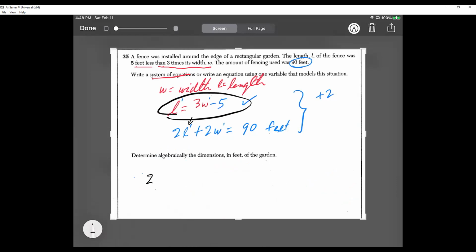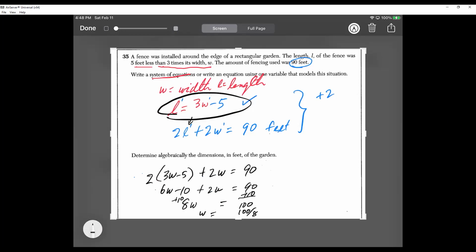So this is going to be 2 times 3W minus 5 plus 2W equals 90. Now all I have to do is distribute. This will be 6W minus 10 plus 2W equals 90. So 6 plus 2 is going to be 8W. Then we're going to add 10 to both sides, and we get 100. So W is equal to 100 divided by 8.